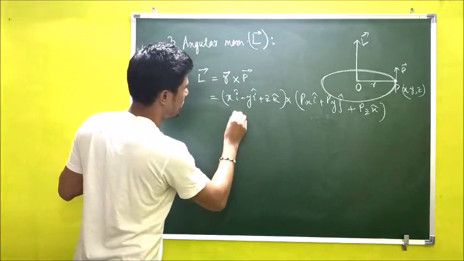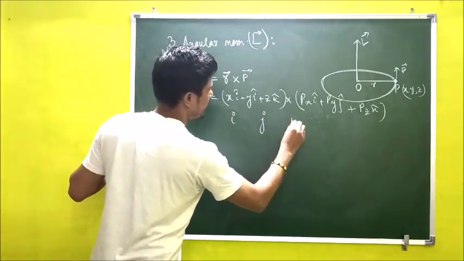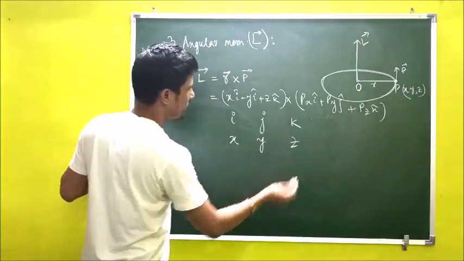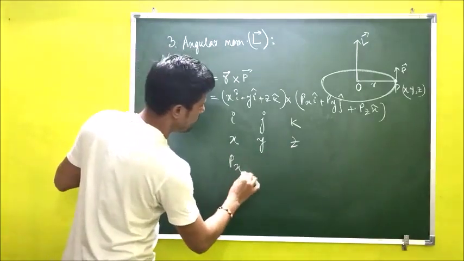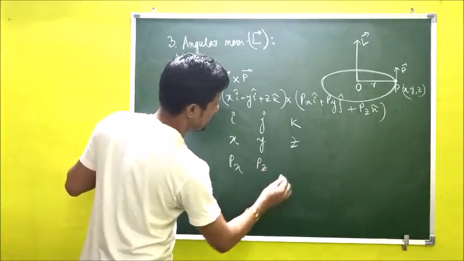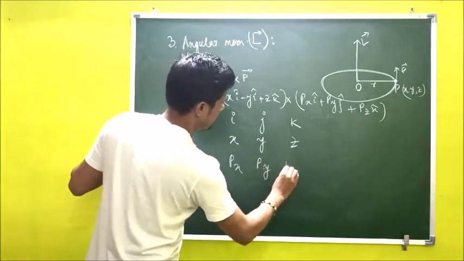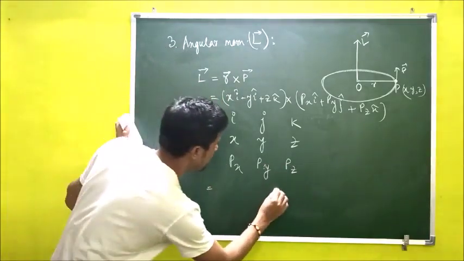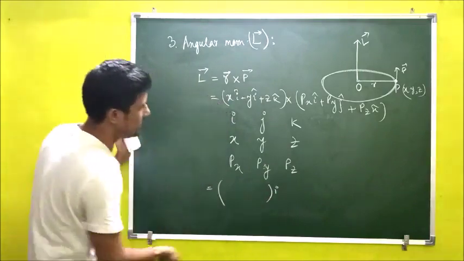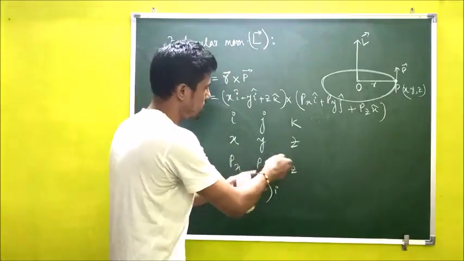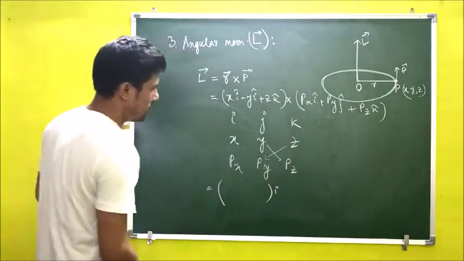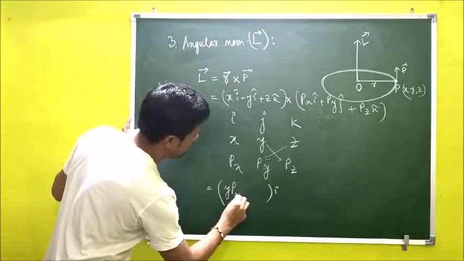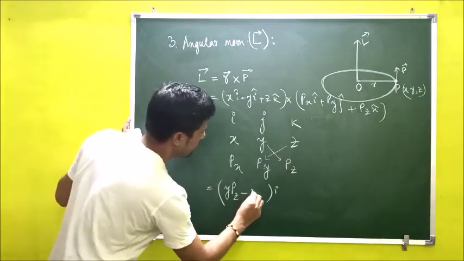Let us consider the unit vectors i, j and k first, and arrange x, y and z this way, and px, py and pz this way. For i, you consider these two columns: y into pz minus z into py.